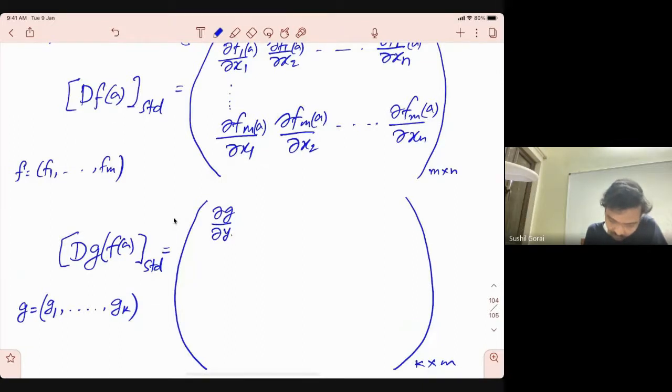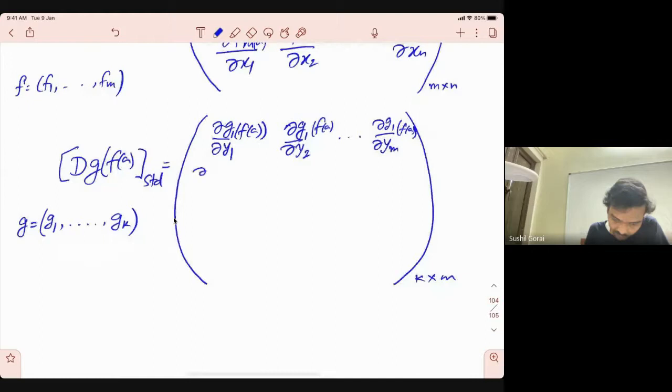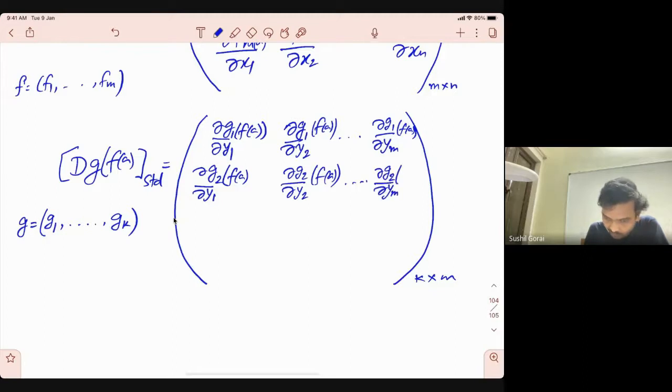Del g1 by del y1 at f(a), del g1 by del y2 at f(a), del g1 by del ym at f(a). Similarly, the second row will be del g2 by del y1 at f(a), del g2 by del y2 at f(a), del g2 by del ym at f(a), and so on.